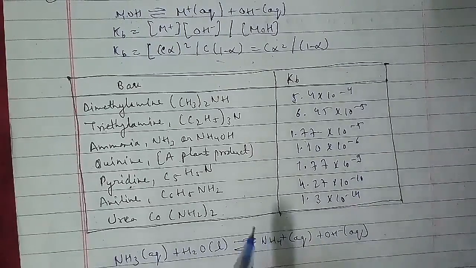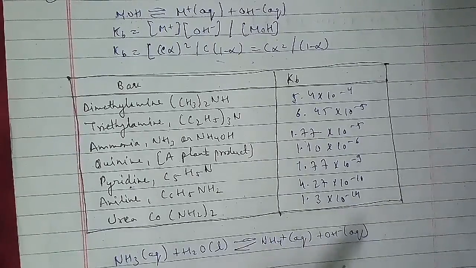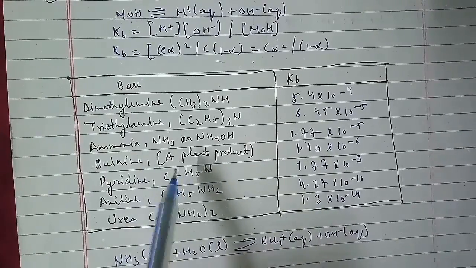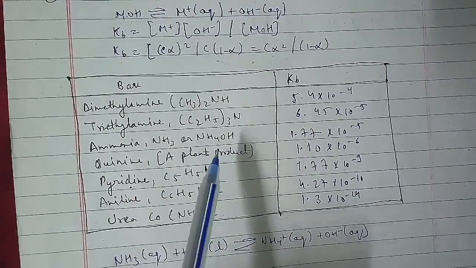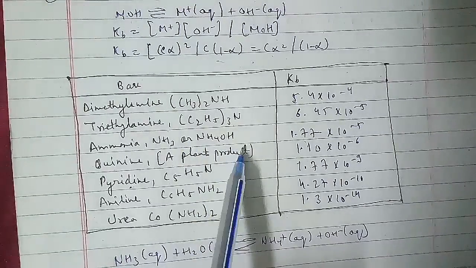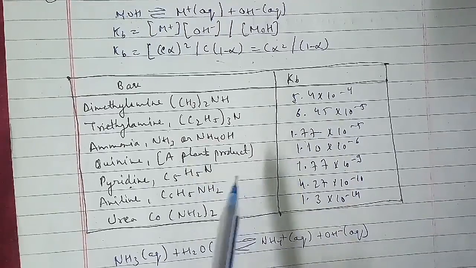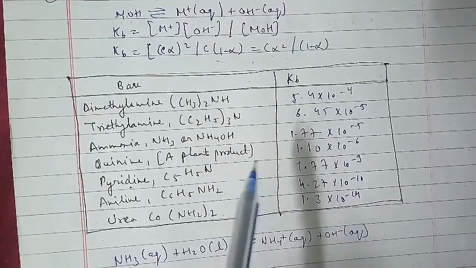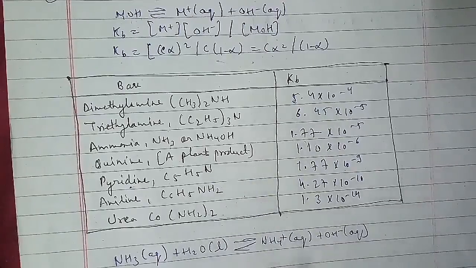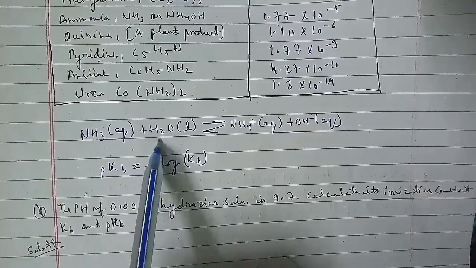Then we find the antilog of minus 9.7, which is 1.67 × 10^-10. Then OH⁻ equals Kw upon H⁺, that is 1 × 10^-14 upon 1.67 × 10^-10, which gives 5.98 × 10^-5.